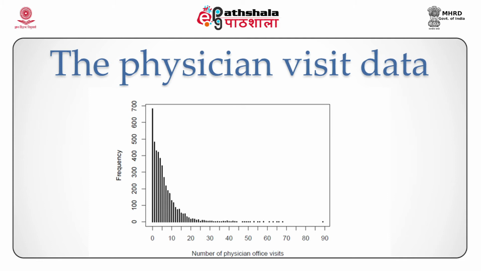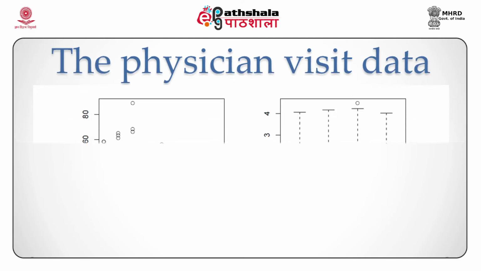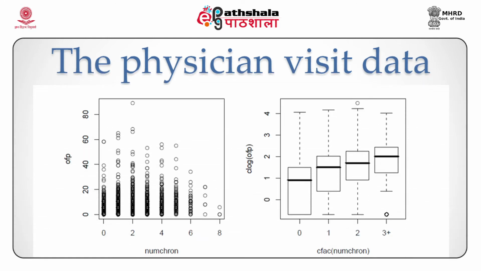From here, we can see that this count is rather skewed, and when we look at further empirical plots of this data, here, for example, in the right panel, we have box plots of the data by category, and we can see by looking at the box plots that there is variability in the mean and the variance, and that it does not appear that the mean and the variance are equal within each category.